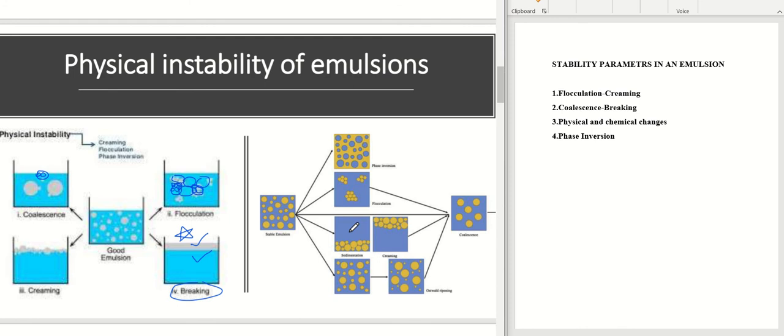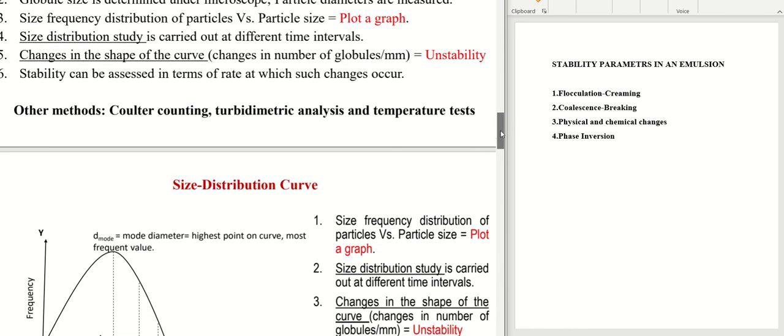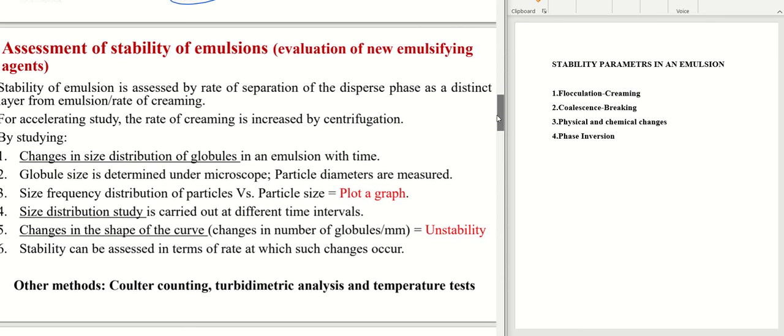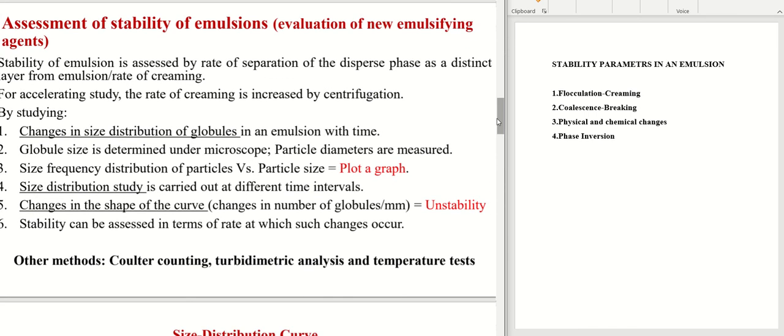Now let's see how we can assess or measure the stability of an emulsion. Now we will be discussing stability assessment of emulsions.